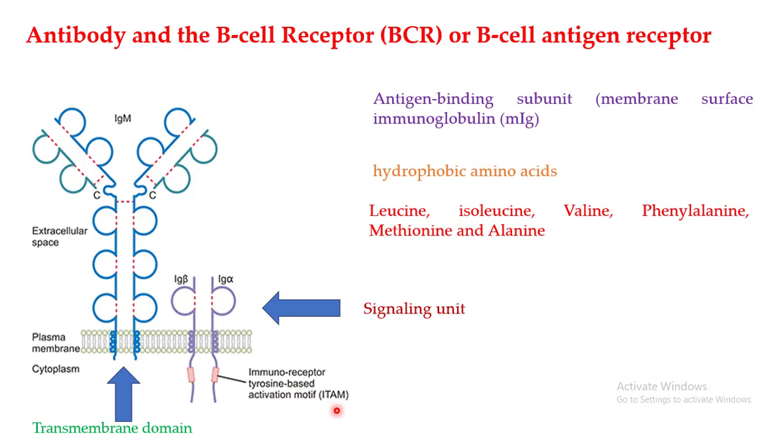For short, we call them the ITAM, and they are very important in the development of the B cell. So whenever the B cell receptor encounters an antigen, this particular signaling unit of the B cell receptor is responsible for the development of the B cell.